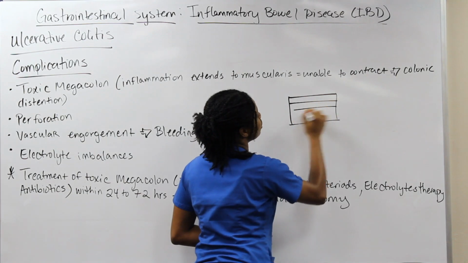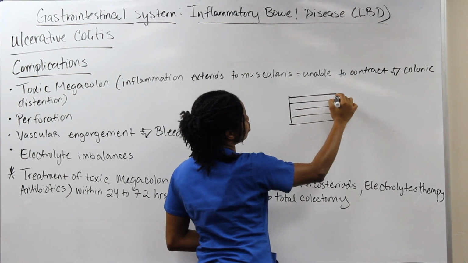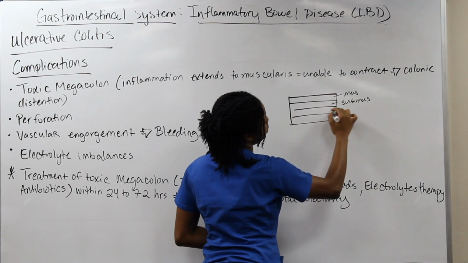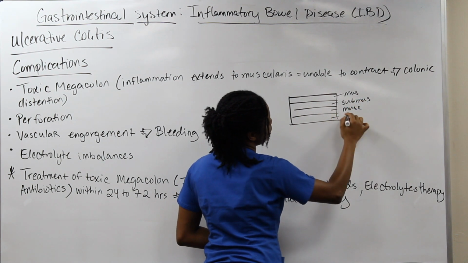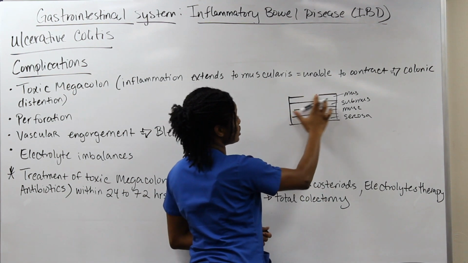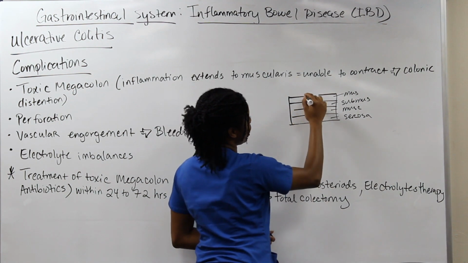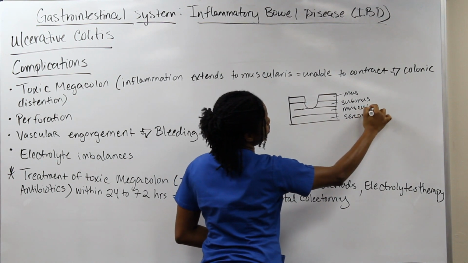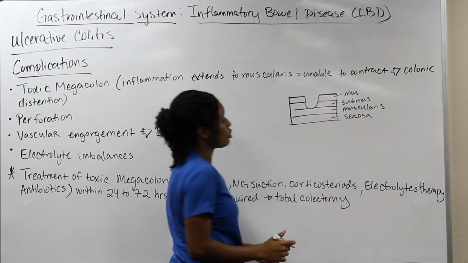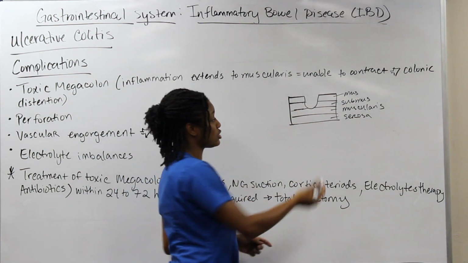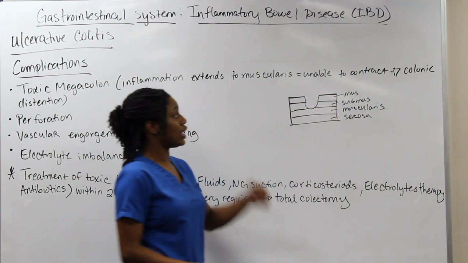I have my mucosa, my submucosa, my muscularis, and then serosa. And the damage has taken effect where it has touched down to the muscularis area, right? So muscularis, you think of muscles, right? So it got down to the muscle layer.